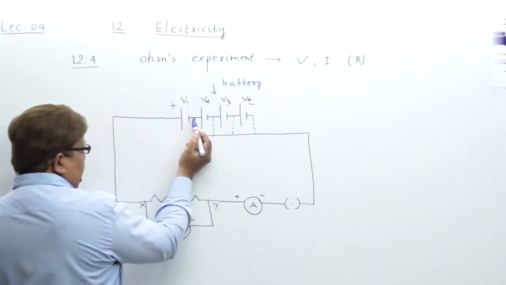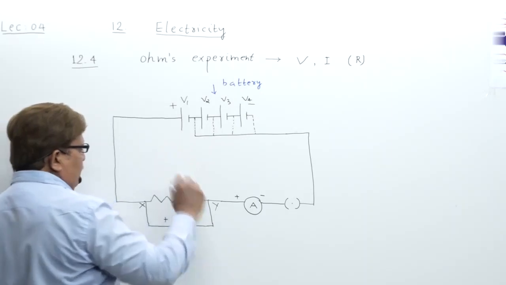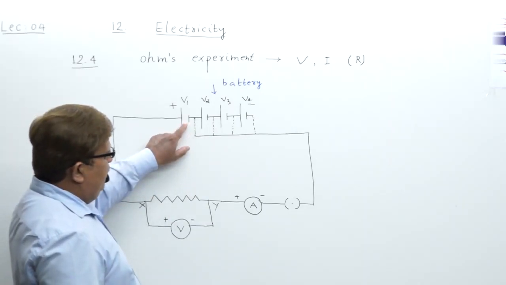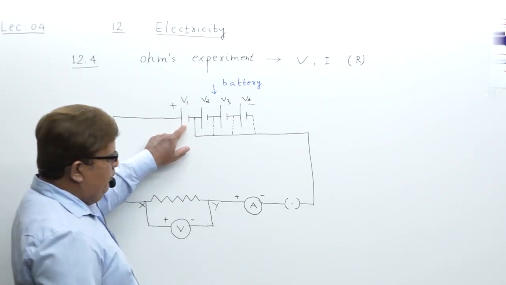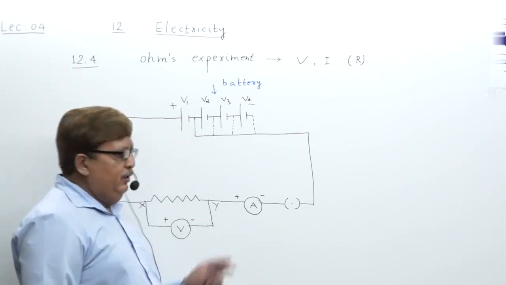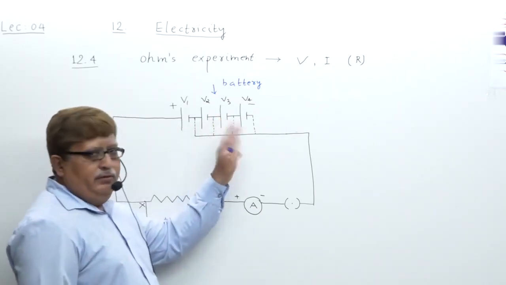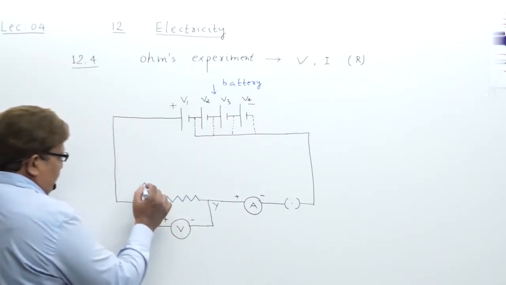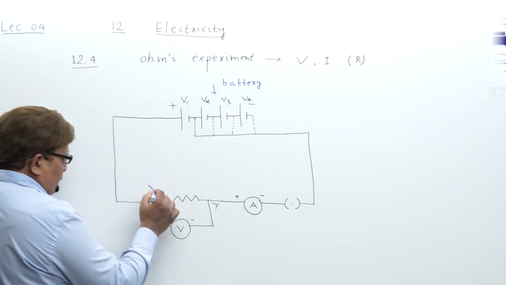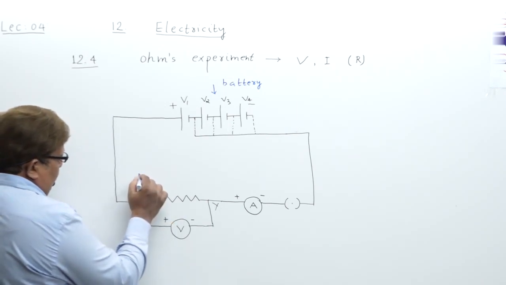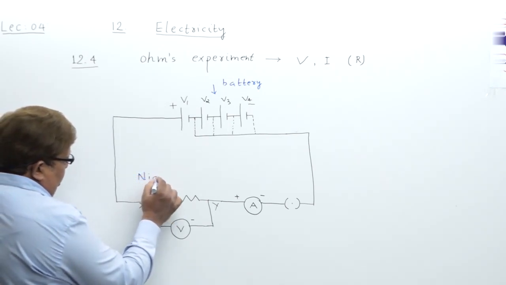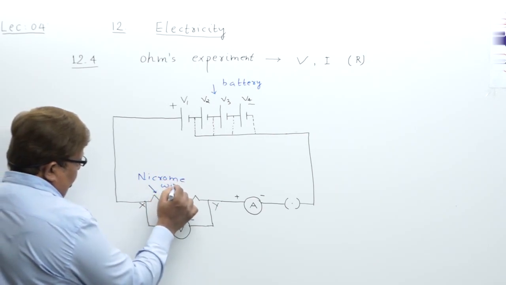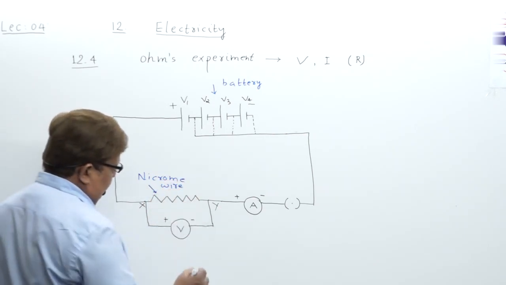Here, see, I have shown dotted lines. So at the start of the experiment we will connect just one cell in the circuit, then 2, then 3 and then 4 cells. Okay, then this is actually a nichrome wire, which offers a fair amount of resistance.